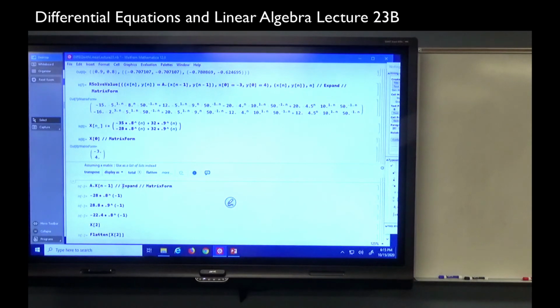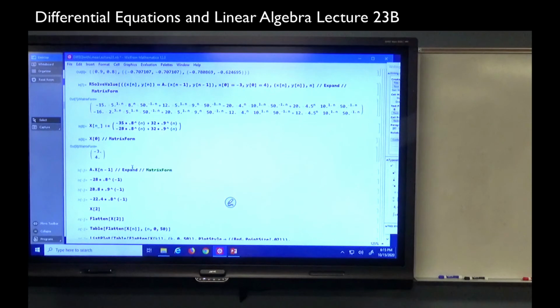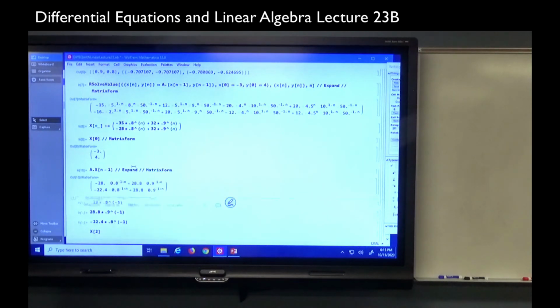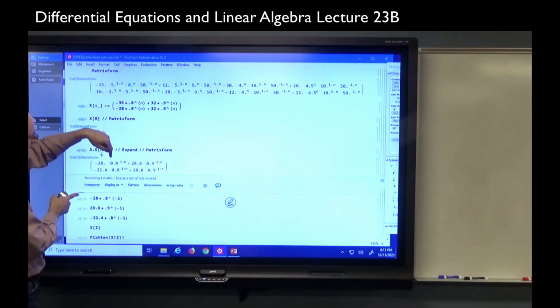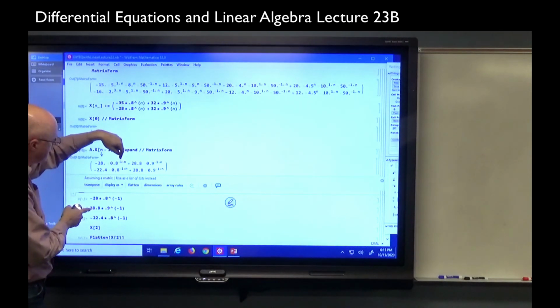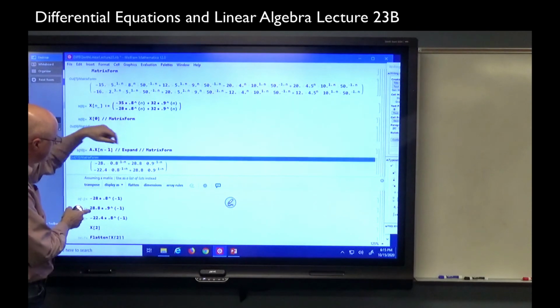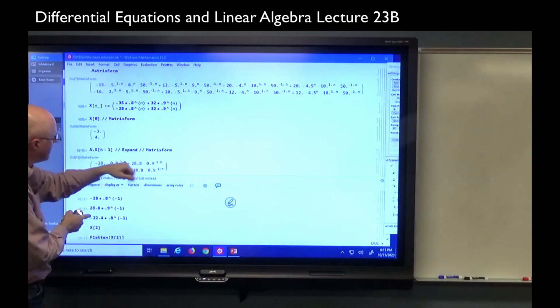Does it satisfy the difference equation? Is A times x of n minus 1 equal to x n? Doesn't look like it is. These two things look different, but looks can be deceiving. They are actually the same. For example, because it did something funny, instead of an nth power it has an n minus 1 power in all those entries for the 0.8 and the 0.9.